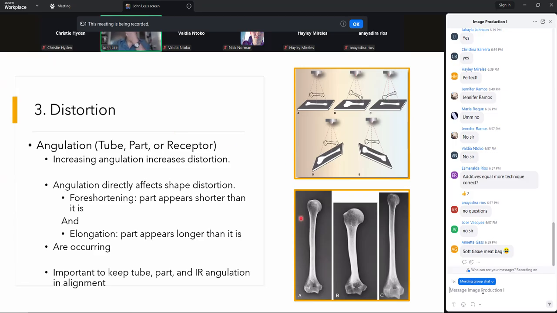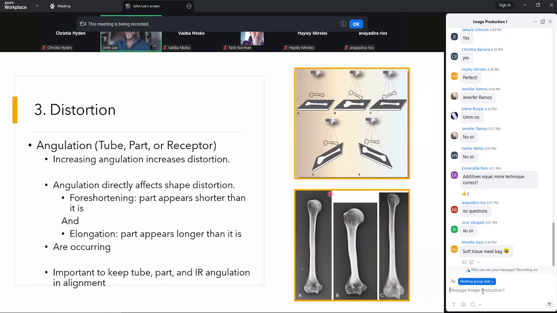So in this setup, our central ray is perpendicular to our image receptor and our part is parallel to the image receptor. So our angles are dead on, 90 degrees here. Our projected image, while not without some elongation and some magnification, will give us a fairly decent representation of the part, like we see here in A.